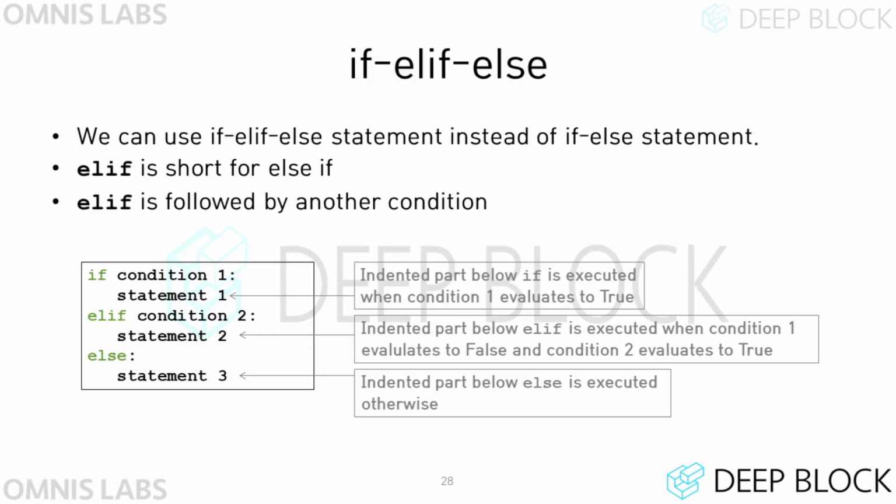To explain again using the slide, if condition 1 is true, only statement 1 is executed. But if condition 1 is false and condition 2 is true, only statement 2 is executed. If both condition 1 and 2 are false, statement 3 under the else keyword is executed.